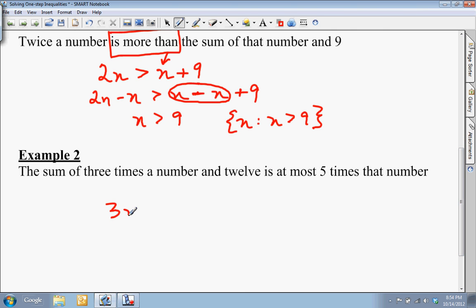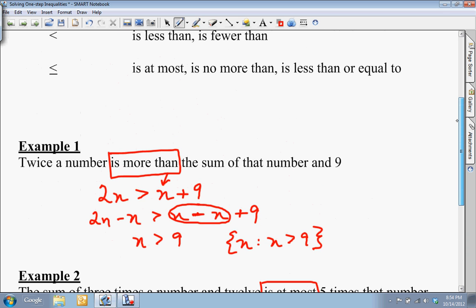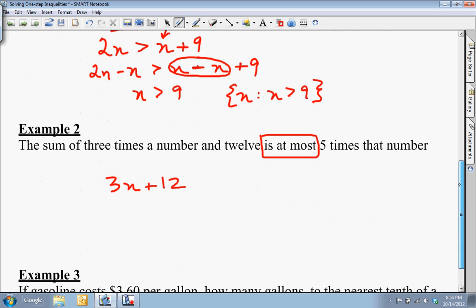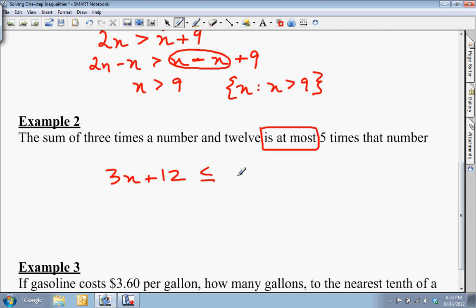The sum of 3 times a number and 12 is at most, so there's our key word, is at most, and if we look back up here, is at most means less than or equal to, so is at most 5 times that number. Again, we recognize we have variables on both sides of the equation, so I'm going to go ahead and move the smaller by subtracting 3n from both sides.